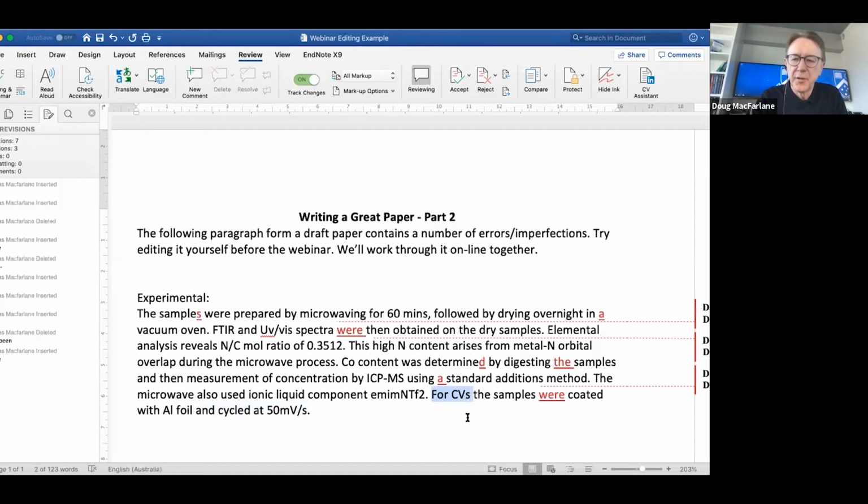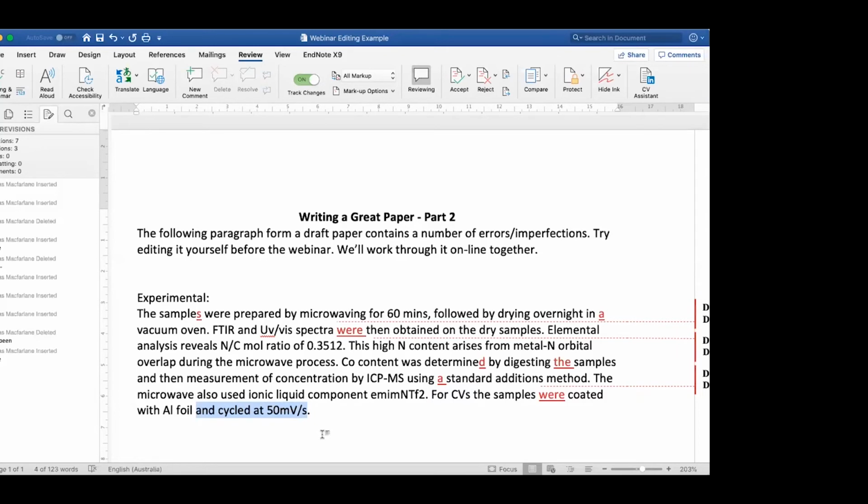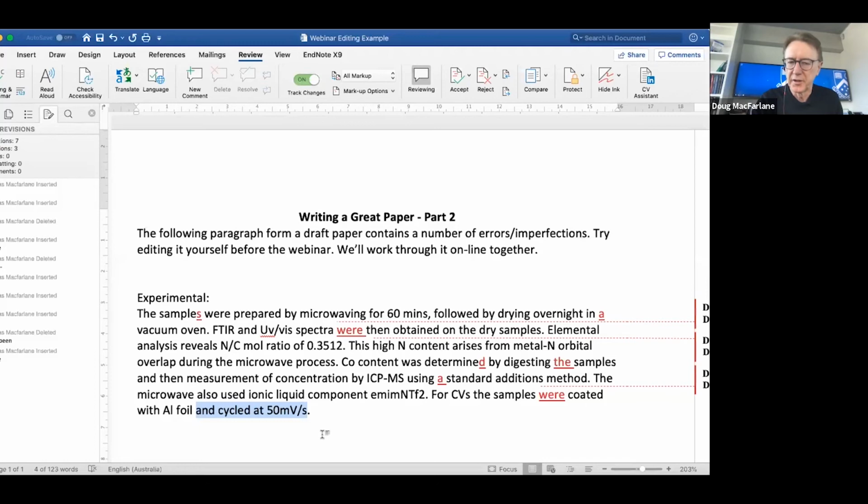It reads as if for CVs, something was done to the samples, and it rather seems that this is part of that thing that was done in preparation for the CVs. But many of us will know that probably that's not what it meant, because if you know this kind of work, you're knowing probably it's actually trying to say that the CVs were done at 50 millivolts per second. So what we have here is a sentence that is ambiguous.